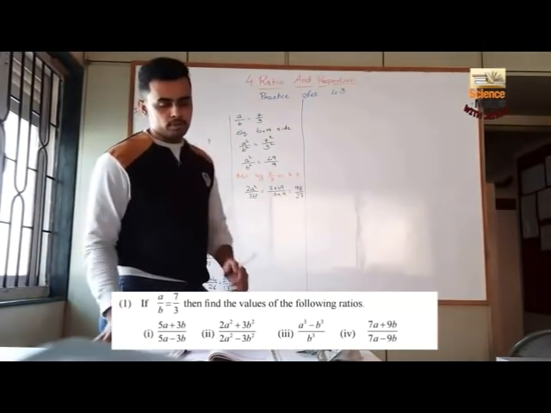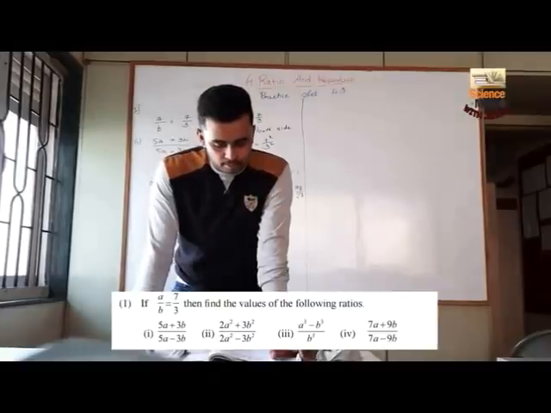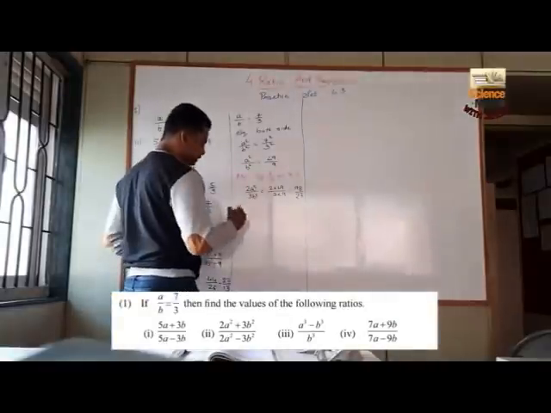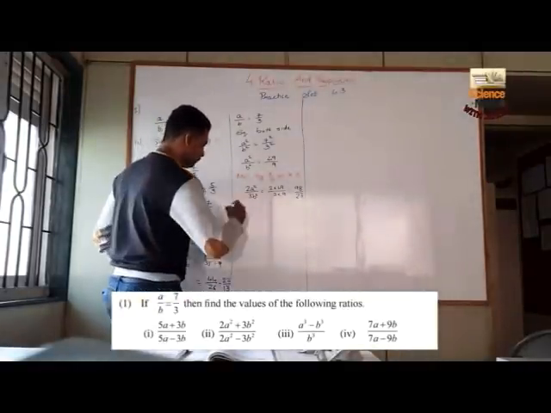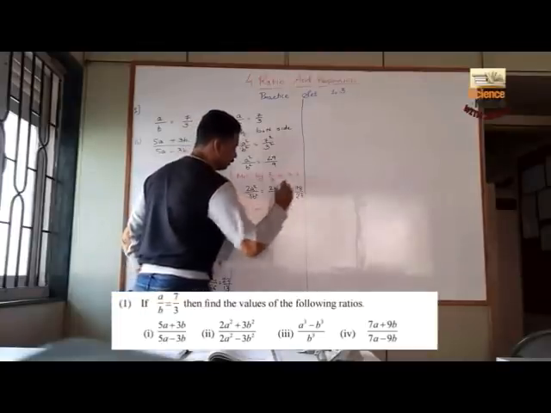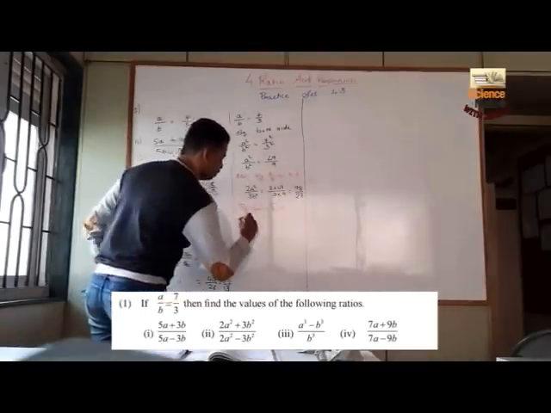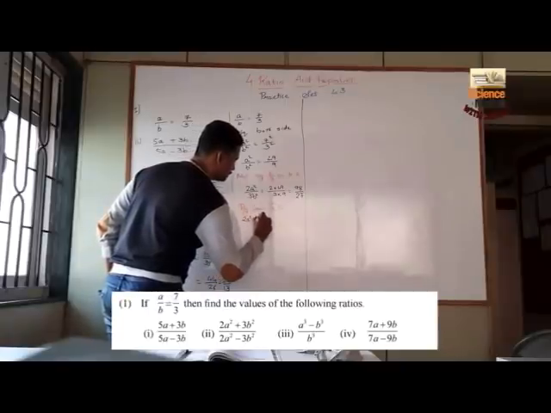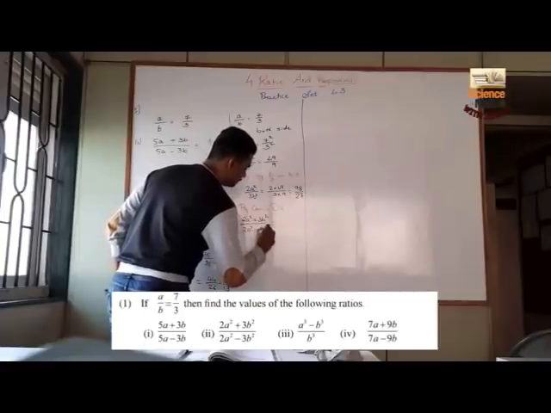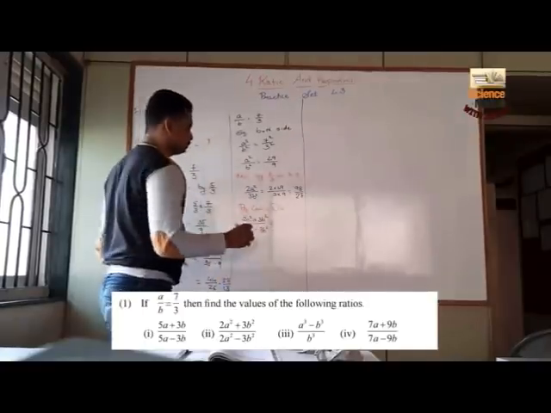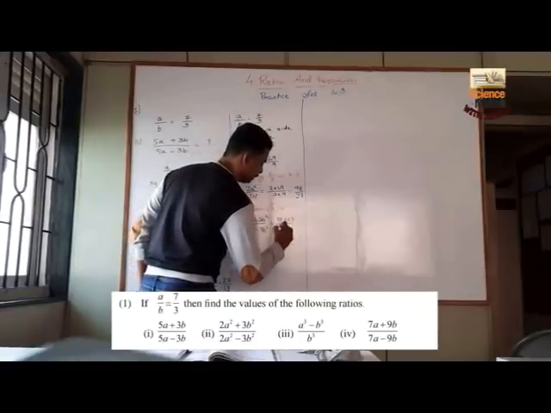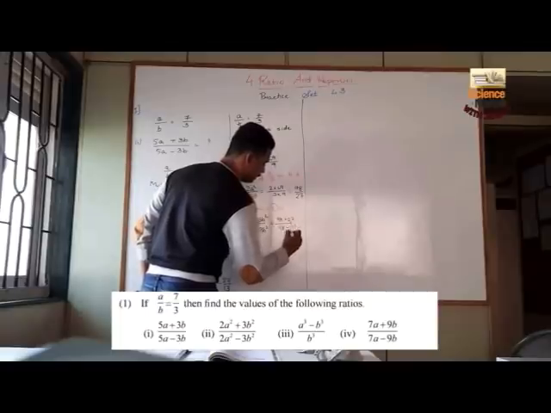And to find 2a square plus 3b square and 2a square minus 3b square, what we have to do is componendo dividendo. As simple as that it gets. Therefore, by componendo dividendo, 2a square plus 3b square divided by 2a square minus 3b square is equal to 98 plus 27 divided by 98 minus 27.